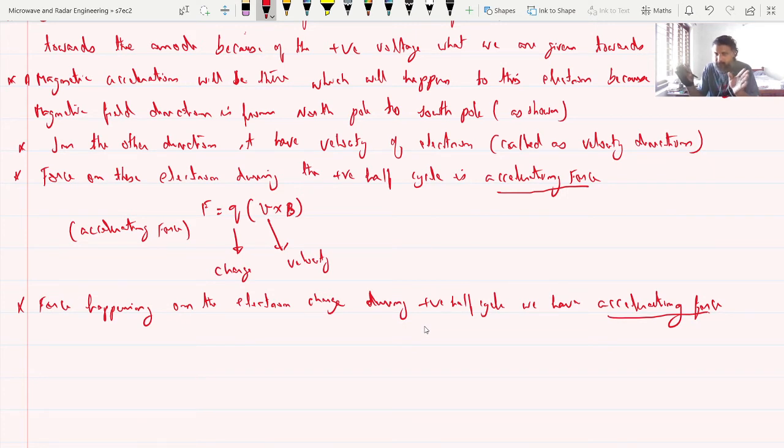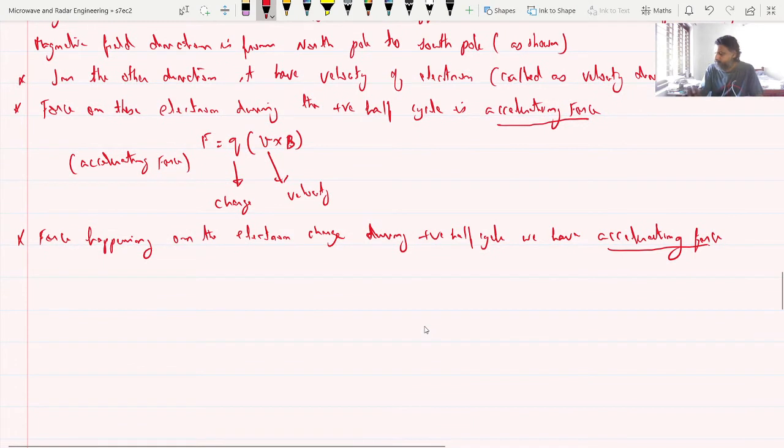So the path followed by the electron is a sine wave in the general case. I will write that here. One minute.